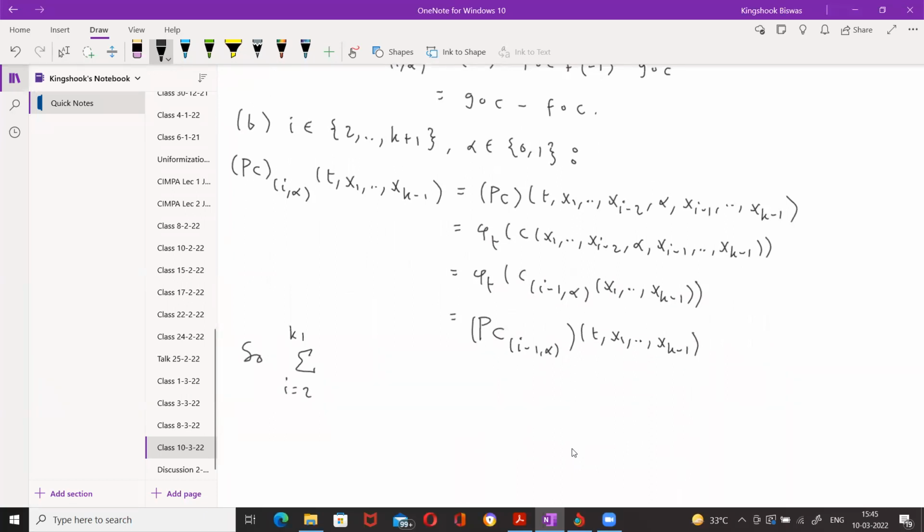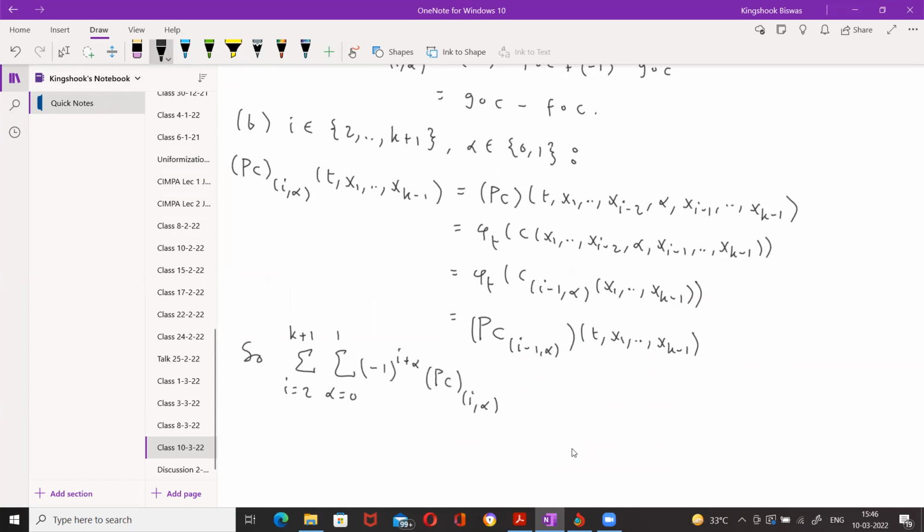Therefore the sum, i goes from 2 to k plus 1, these are the other terms in the boundary. These will be the vertical sides of the boundary of PC. Alpha goes from 0 to 1, minus 1 to the i plus alpha, PC i alpha.